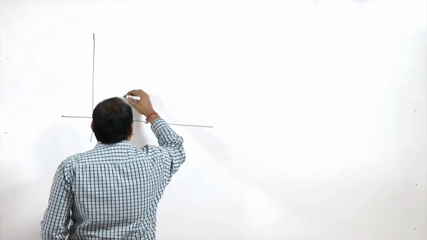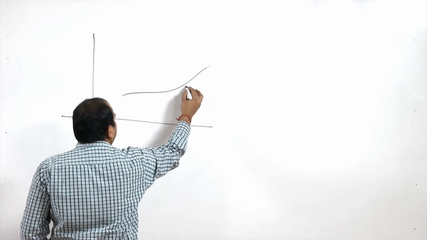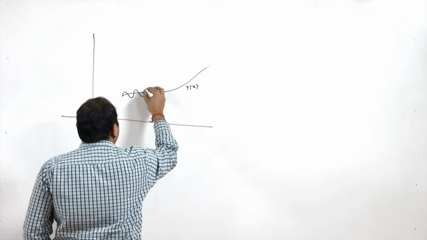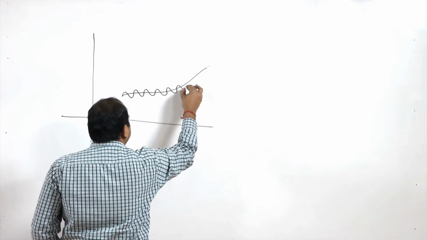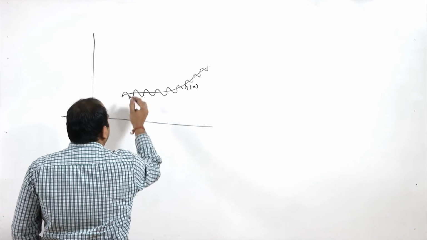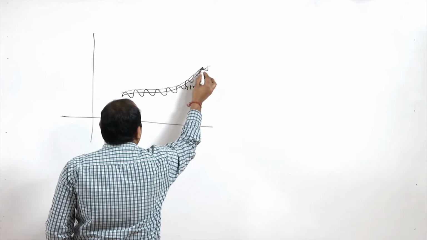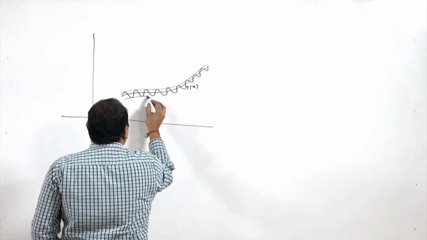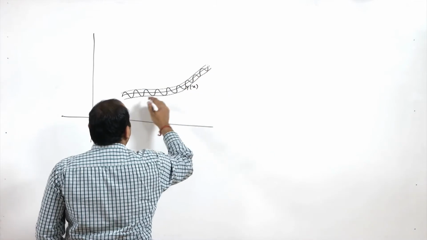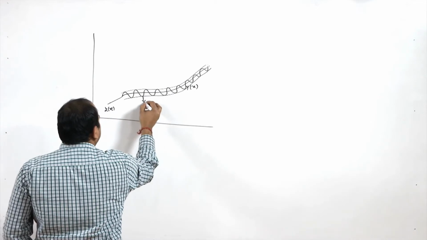Suppose this is y(x), and then we define another function y1(x) like this. Here y(x) is this graph and y1(x) is this spiral one.